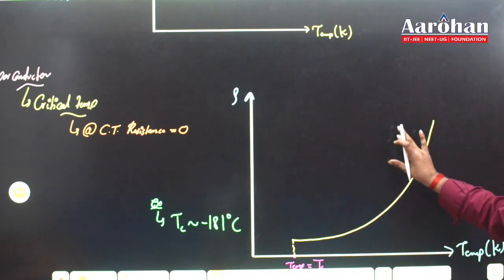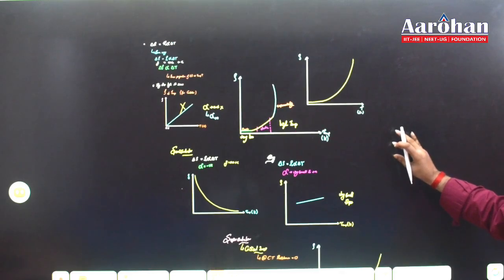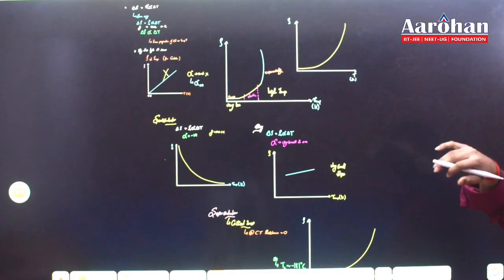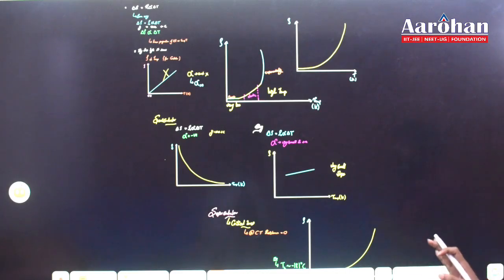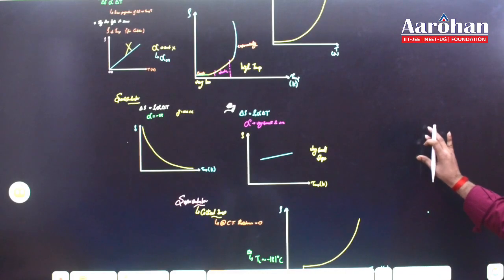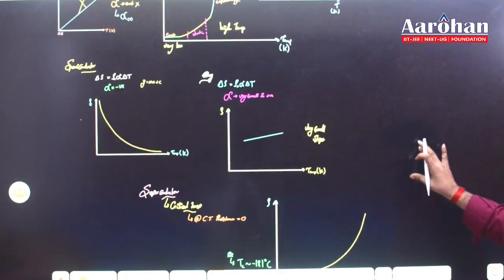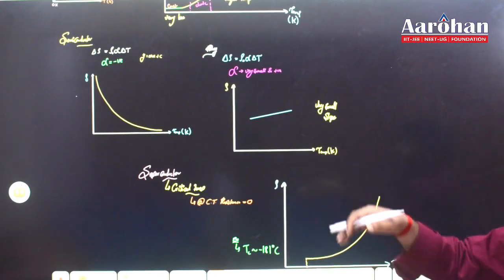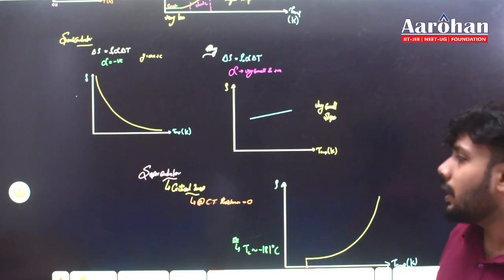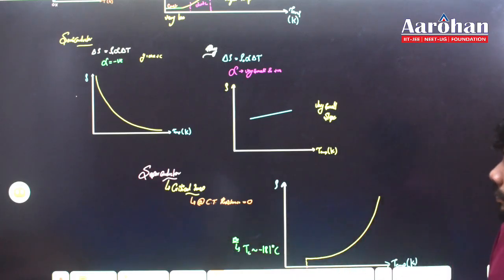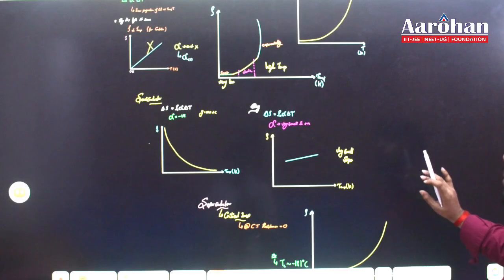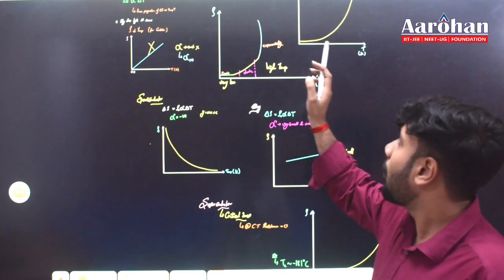So these are the graphs which are very important for your understanding of temperature dependence of resistance or resistivity. For a superconductor, you only need to remember the definition: these are the conductors for which at critical temperature the resistance becomes zero, and the graphs you have to remember.